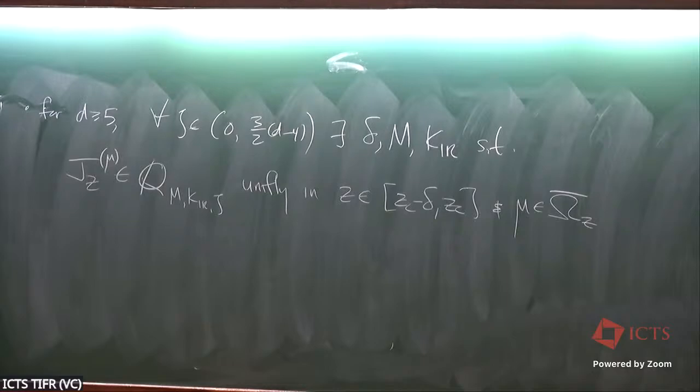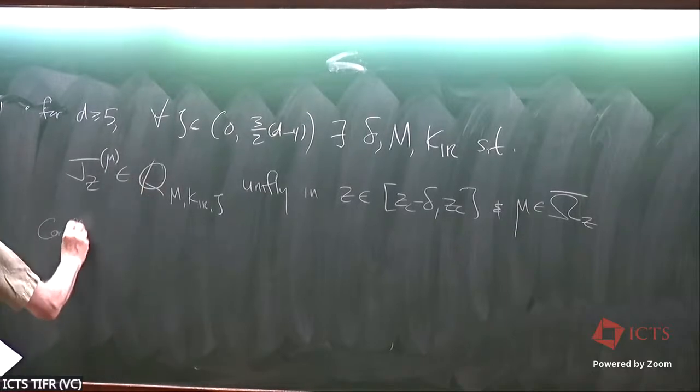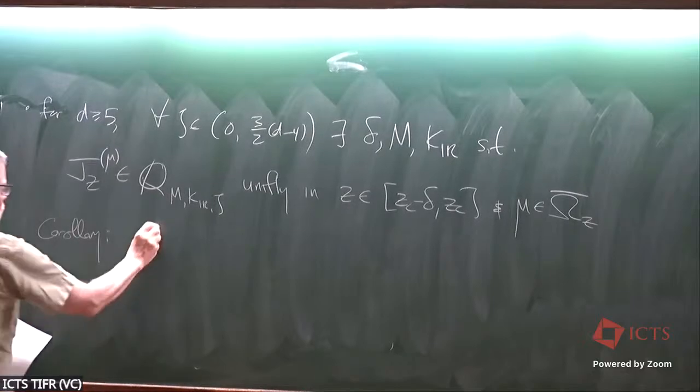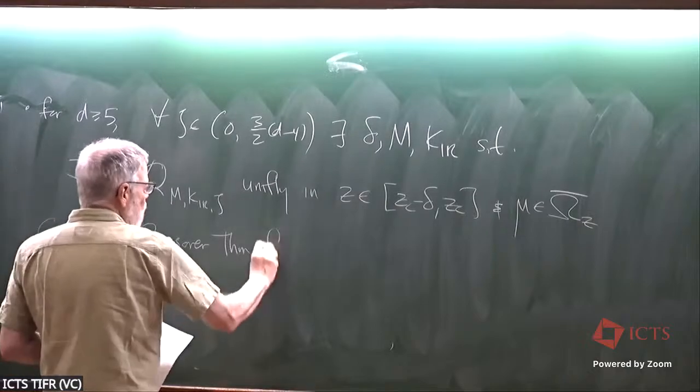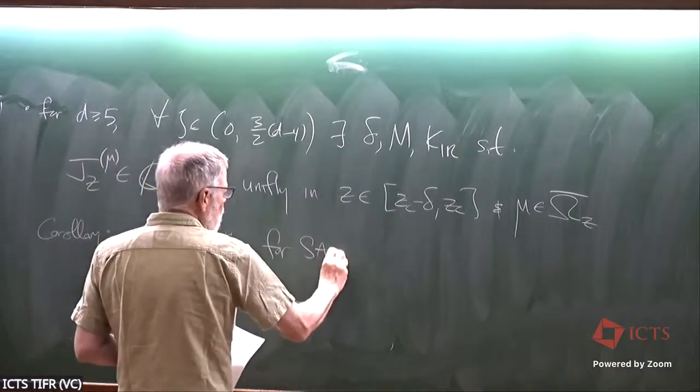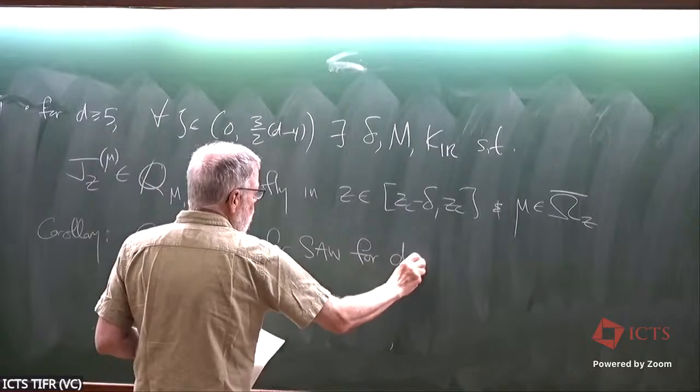So as a corollary, that's assumption 2, we get the crossover theorem for a self-avoiding walk for d greater than or equal to 5.